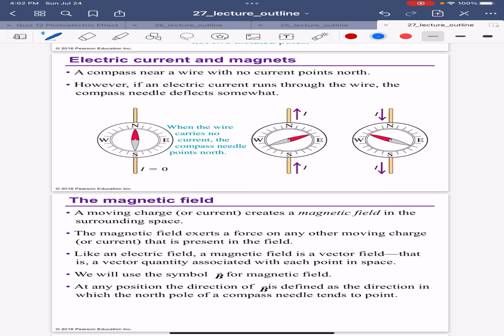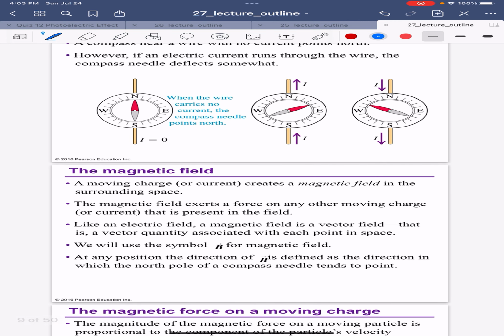But also, we need to know that if we have a charge that is moving or we have a current, then the magnetic field exerts forces on this wire or this charge. If we have a charge that is moving in a magnetic field, or a conductor carrying current in a magnetic field, then we're going to have a magnetic force.